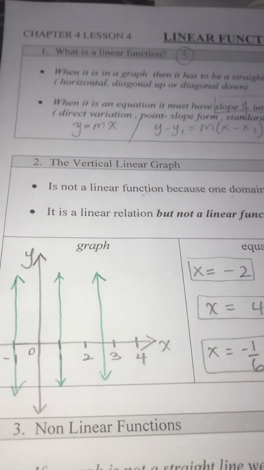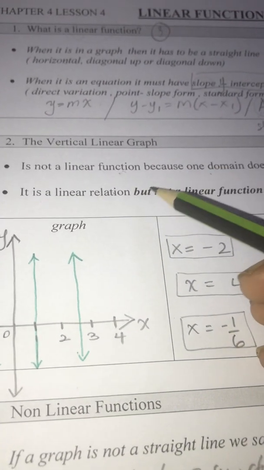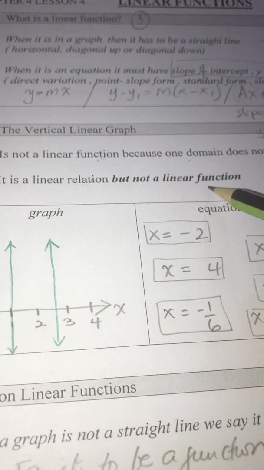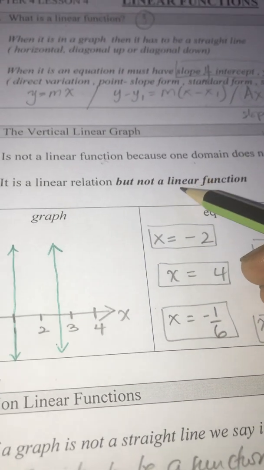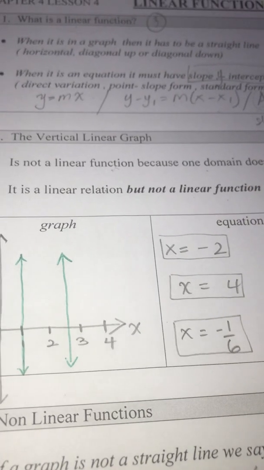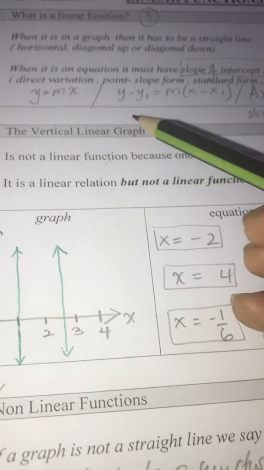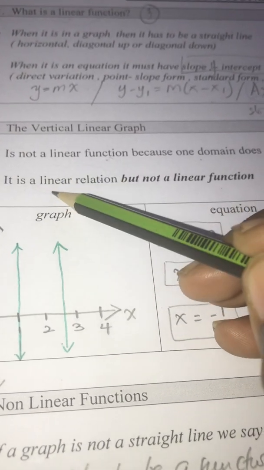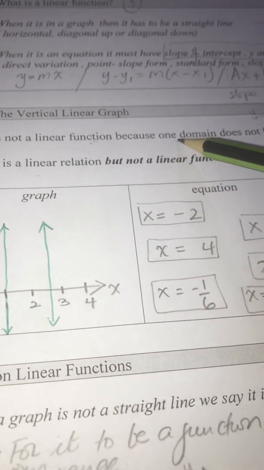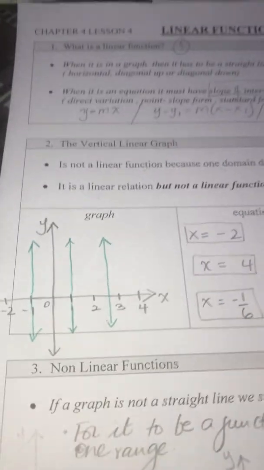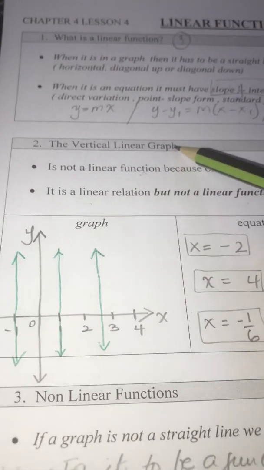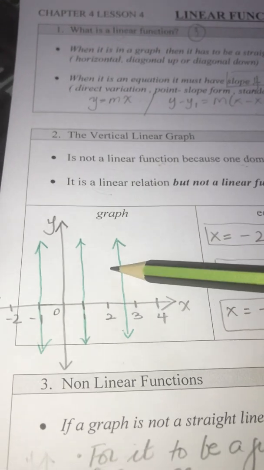That's why I said in the video before, if you're a linear function, you're also a linear relation. But not all linear relations are linear functions. Okay? So let's look at how the vertical line graph looks.